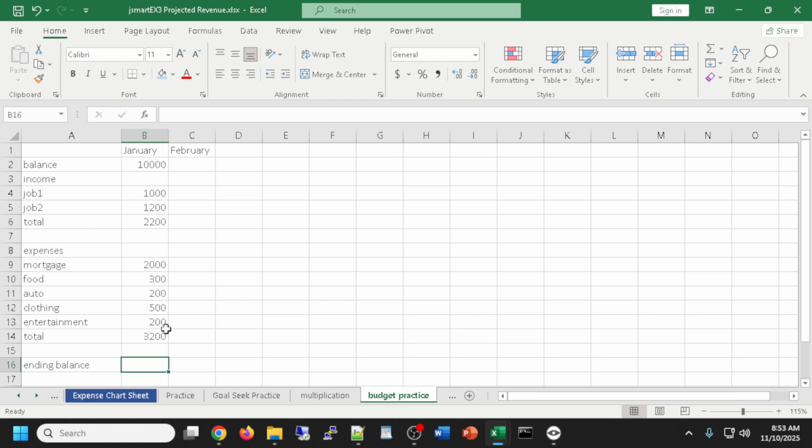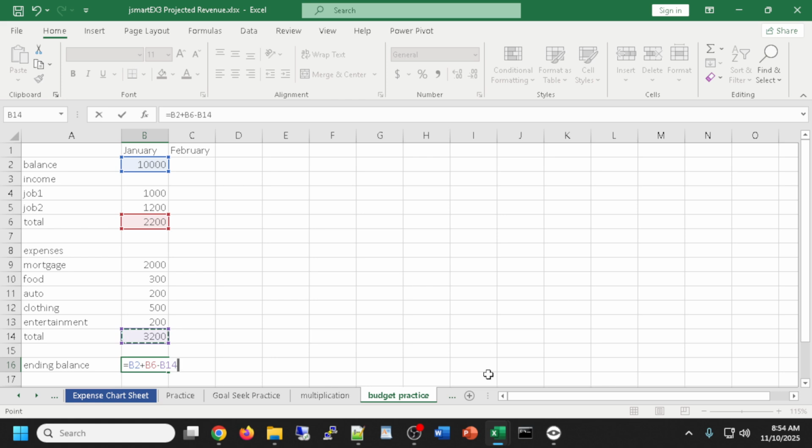Well, our ending balance would be equal to the beginning balance plus total income minus total expenses. Beginning balance plus income minus total expenses.